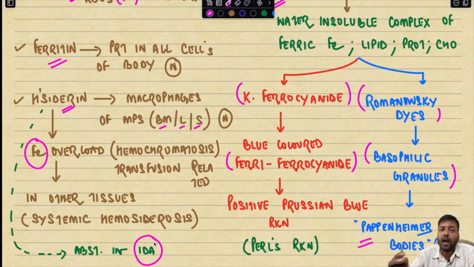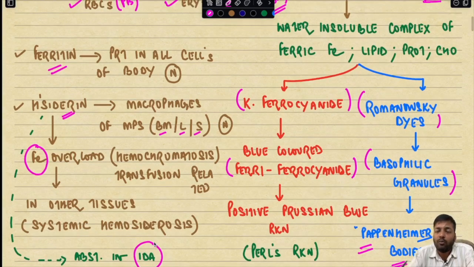So this you have to understand, that normally iron is stored in all cells of the body in the form of ferritin, and very little iron is stored in the form of hemosiderin inside the macrophages of the MPS system, and a very small amount can be present scattered inside the bone marrow as well. But very importantly, in conditions of iron overload, this hemosiderin starts to increase inside the macrophages of the MPS system.